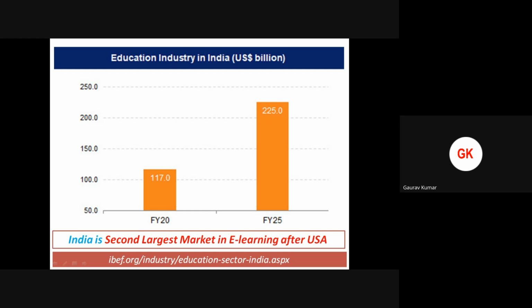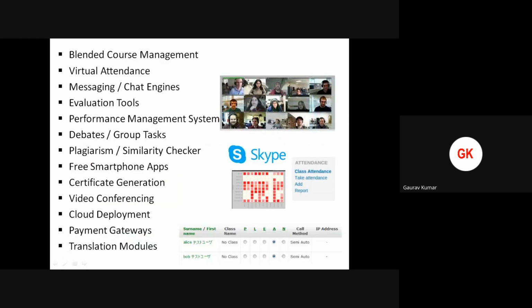But if we want to work only on a single segment, that is online evaluation and assessment, then which tools and platforms are available? In case of full-fledged LMS products, each and everything is available. You also might be using some web-based ERP for attendance, video conferencing, payment gateways, messaging, chat engines.